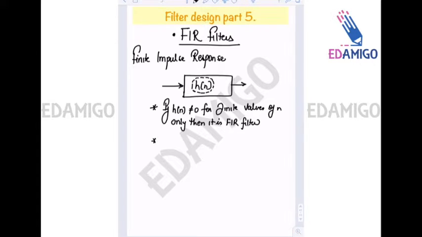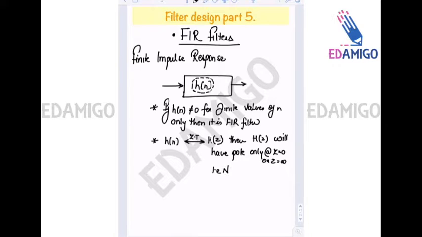Now, as I have taught you in the first part itself, whenever you find the Z transform of this FIR filter, H(z) will have poles only at z equals 0 or z equals infinity. That is, no pole is between z equals 0 and z equals infinity.